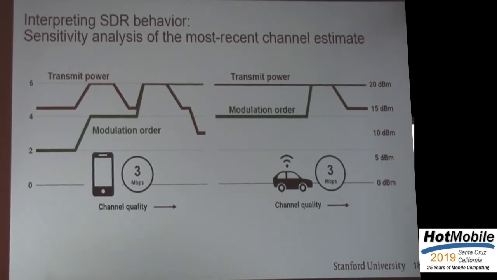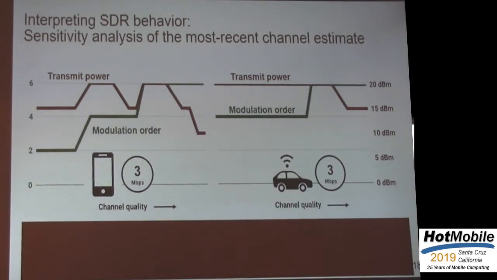Now, stepping back, we would expect a sensible algorithm to use lower transmit powers and higher modulation orders as the channel quality becomes better. We could see that the neural networks have learned to do the same thing from scratch. We did this analysis for multiple variables in different scenarios, and what we concluded was that what's enabling SDR to outperform human algorithms is that it's able to adapt the answers to 3 questions on the fly.